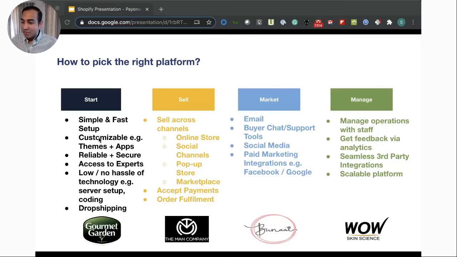I doubt anybody in the e-commerce world has not heard of Wow Skin Science, who's been a Shopify customer for 5+ years, and has pretty much scaled with us across our plans. So you should have a platform that lets you manage that scale, and then manage your operations with your staff, analytics, third-party integrations, all of which become more and more important as you grow.